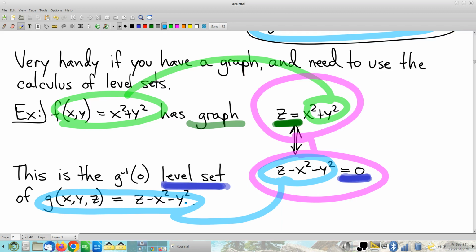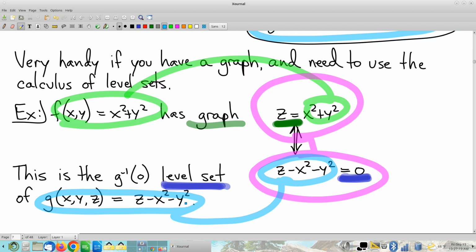Okay. So a graph of a function is something that lives inside of a space, right? So f is a function of two variables. The domain is R2. Maybe that's what you meant. Yeah. The domain of f is R2. The graph of f is what we're actually interested in here.